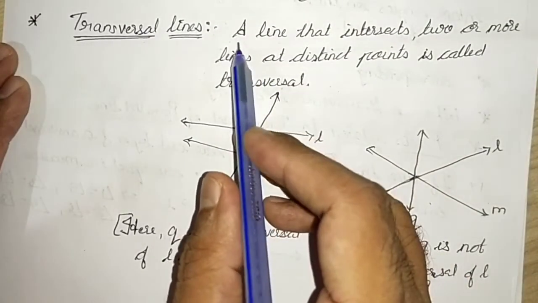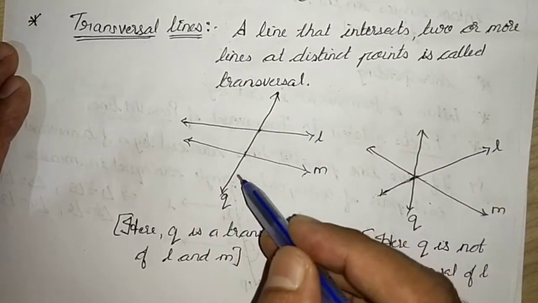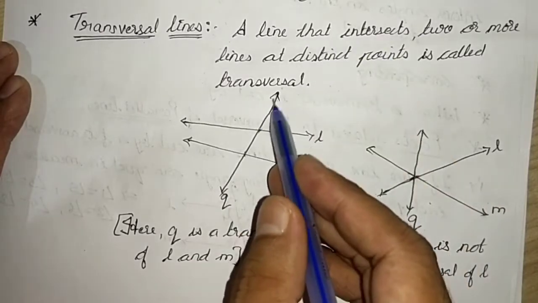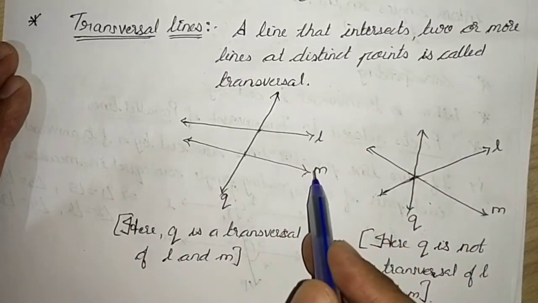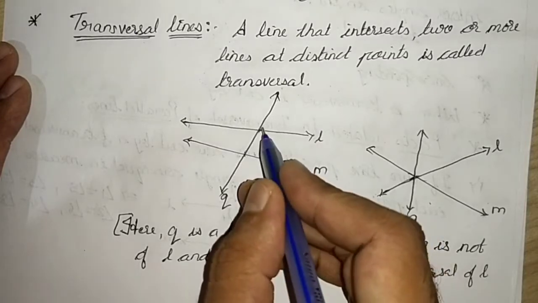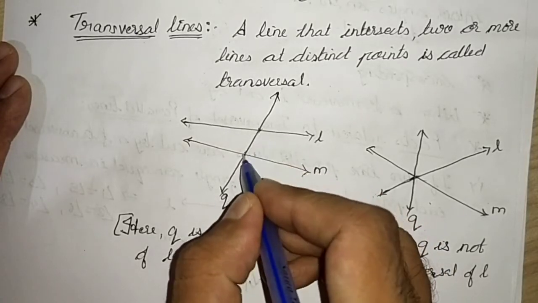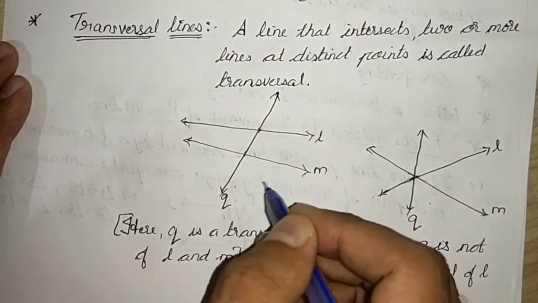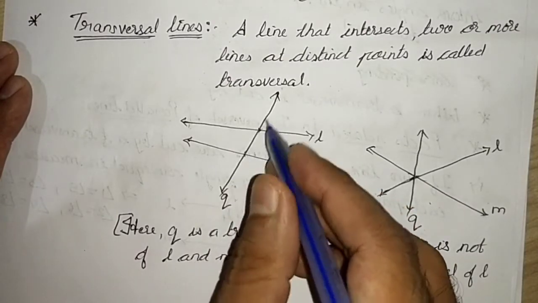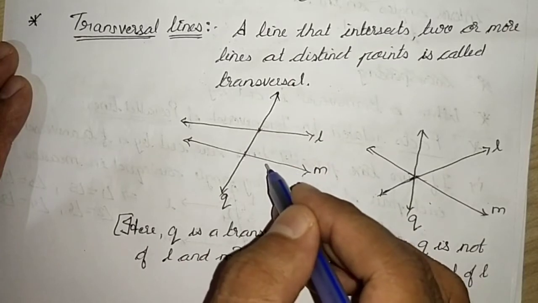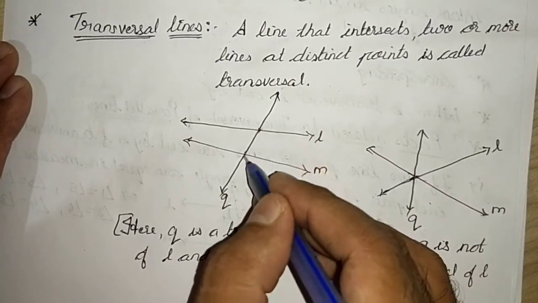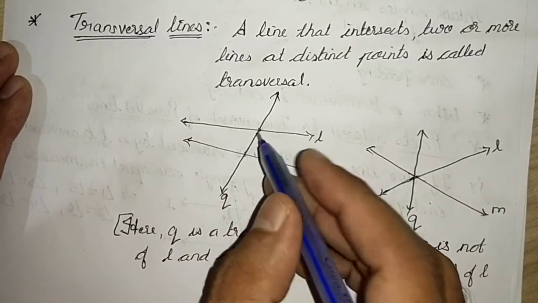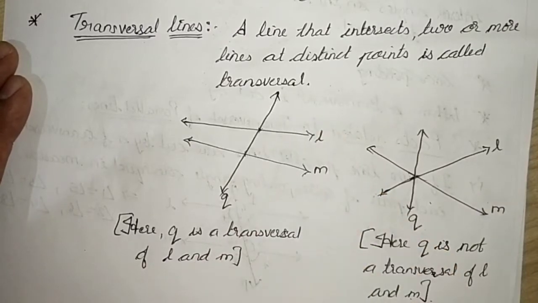Let us look at the definition. A line that intersects two or more lines at distinct points. Here I have shown only two lines, but if there are three lines also, if one line is intersecting two or more than two lines at distinct, different points, then it is called a transversal.